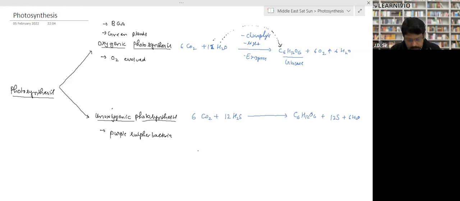Photosynthetic bacteria like purple sulfur bacteria do not take hydrogen from water.